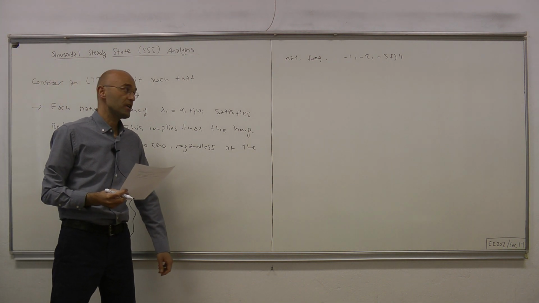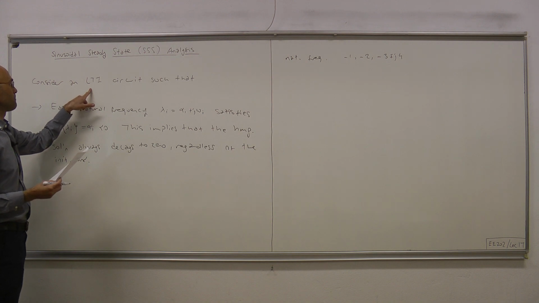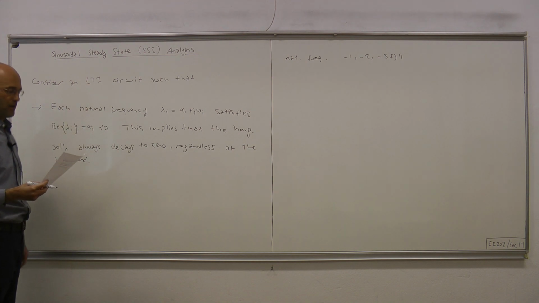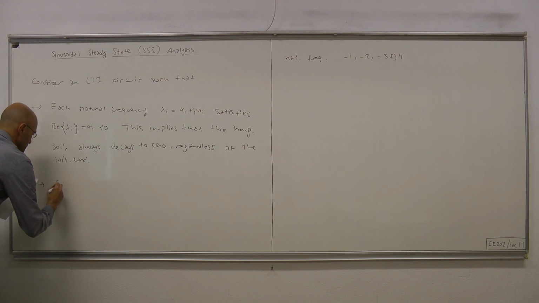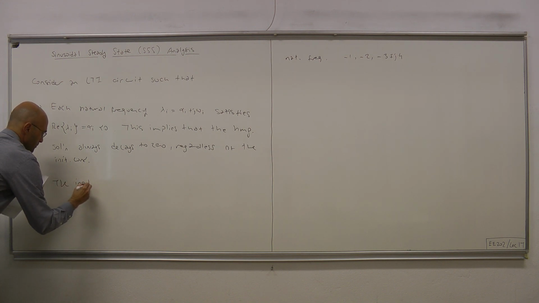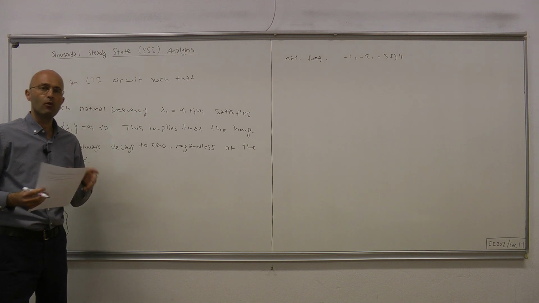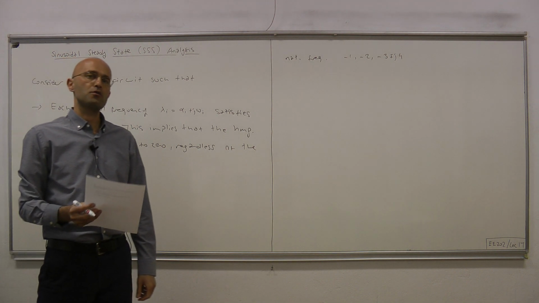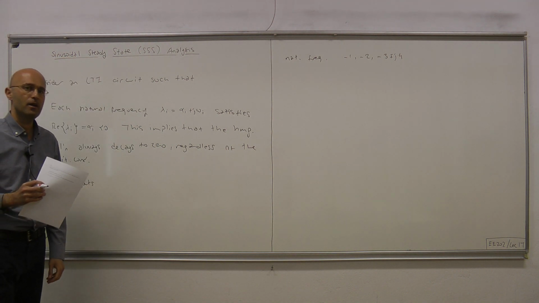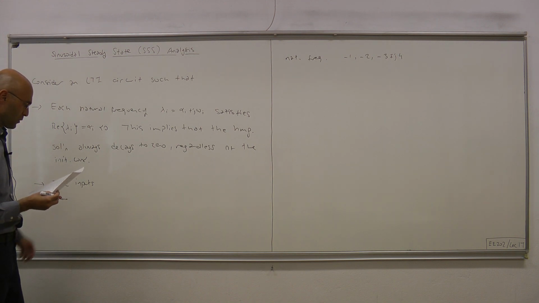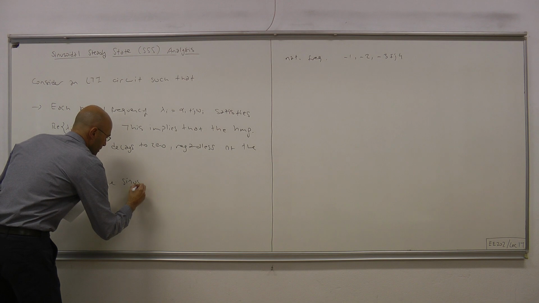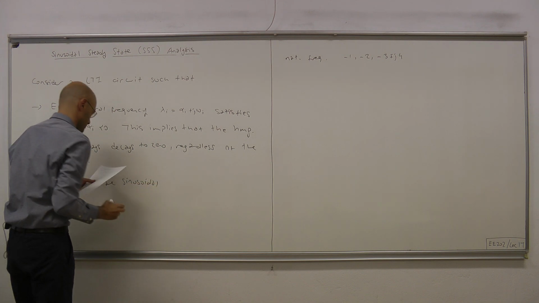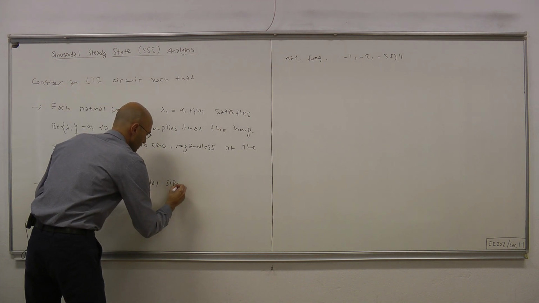And the second assumption that we make on our LTI circuit is that the inputs, by which we mean the voltages provided by the independent voltage sources and the currents provided by the independent current sources throughout the circuit, are purely sinusoidal signals.